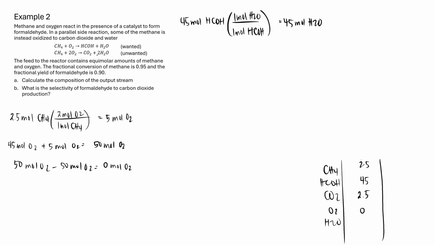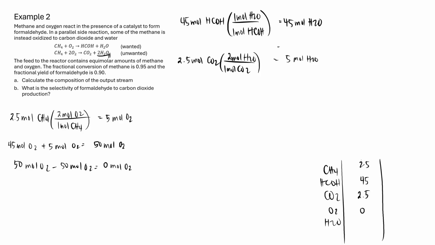And then, since there is also H2O in the second reaction, the unwanted one, we can use either the CO2 or the CH4. Let's use the CO2. 2.5 moles CO2. So for 1 mole of CO2, 2 moles of H2O is produced. That's 5 moles H2O.